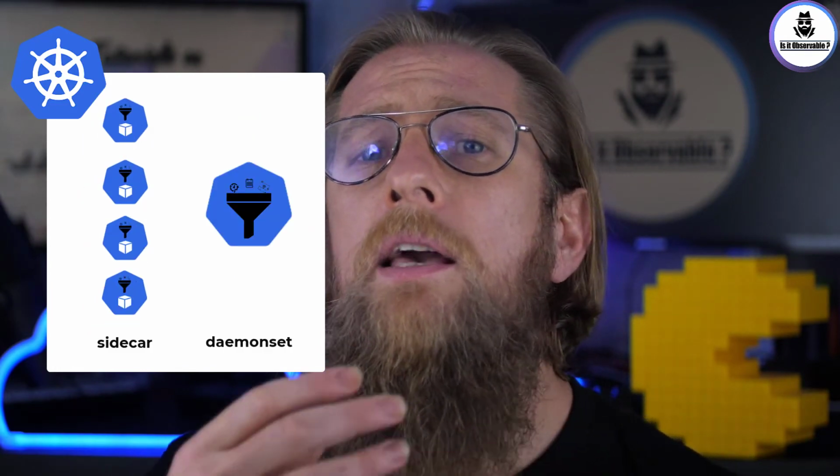So the sidecar will be in charge of receiving the local telemetry data produced by the local pods. And every sidecar collector will push it to a daemon set mode collector that will be in charge of receiving all those telemetry data and pushing it to your observability backend of your choice.